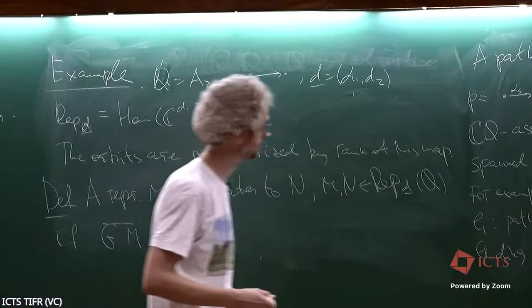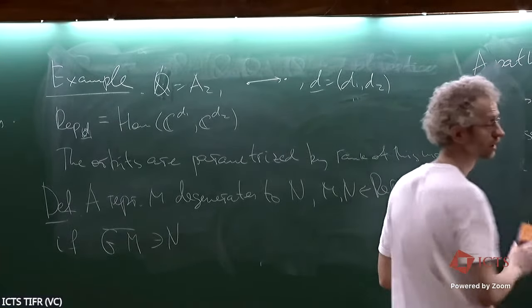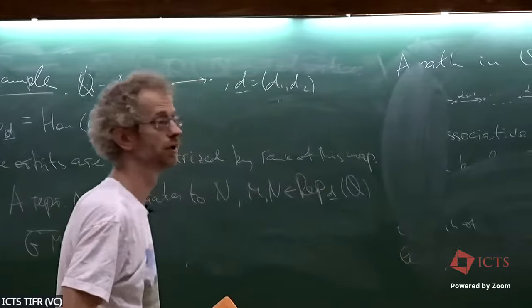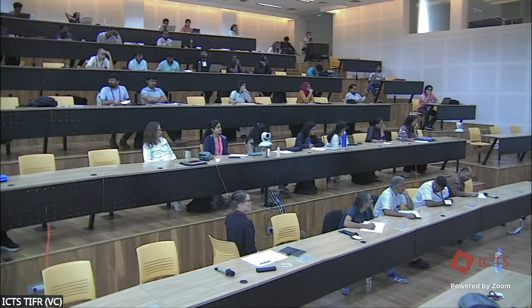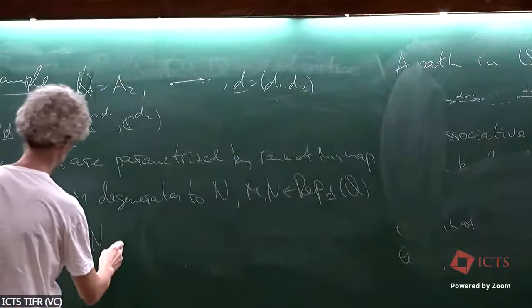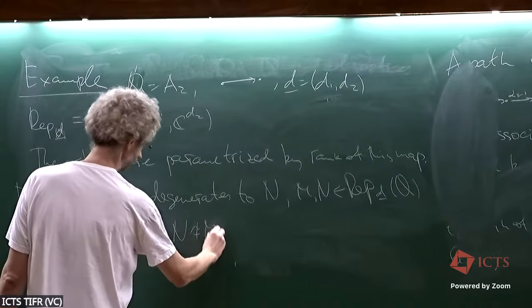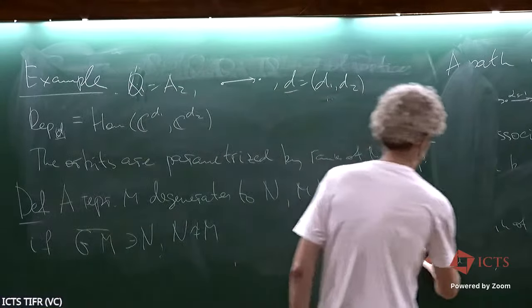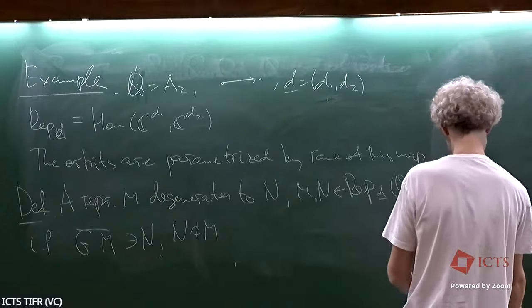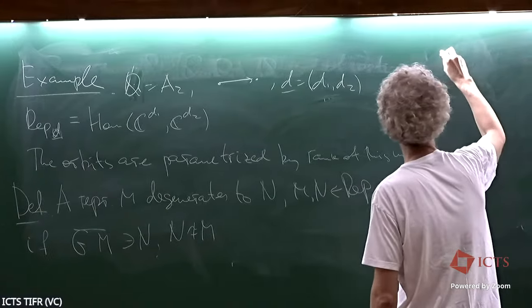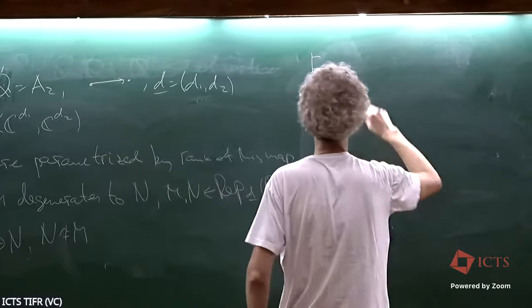So let me give you an immediate example. Makes sense, right? So N is not isomorphic. So an example is, again, let us stay in the same situation.